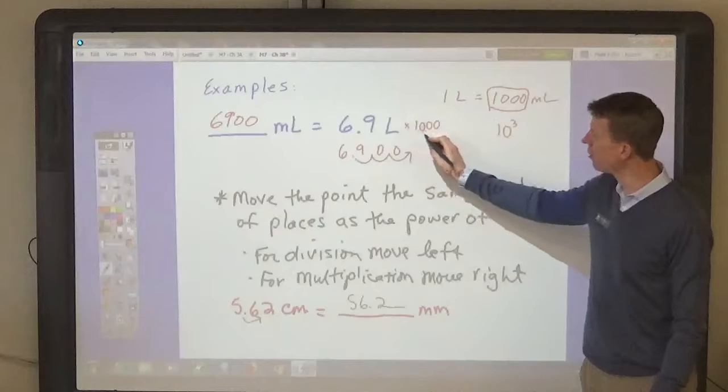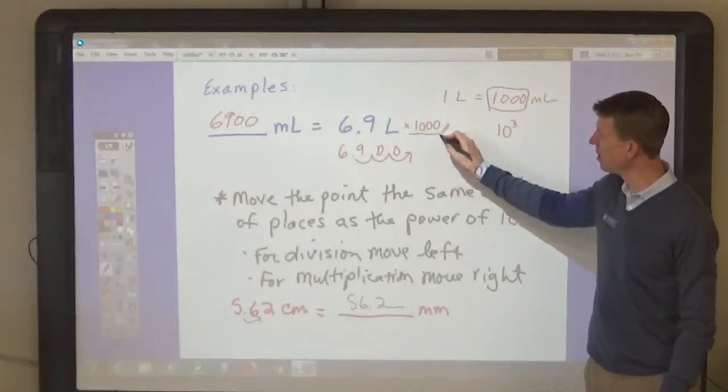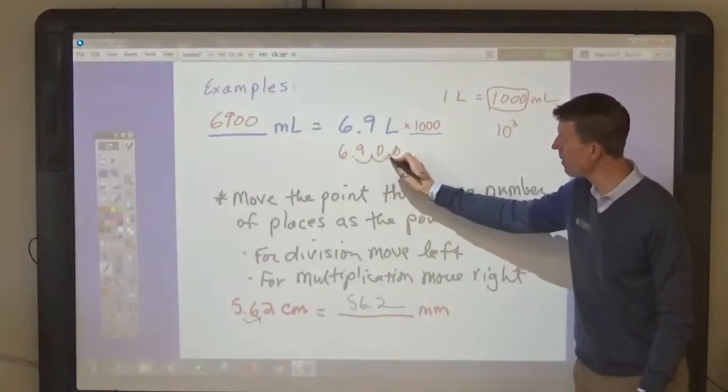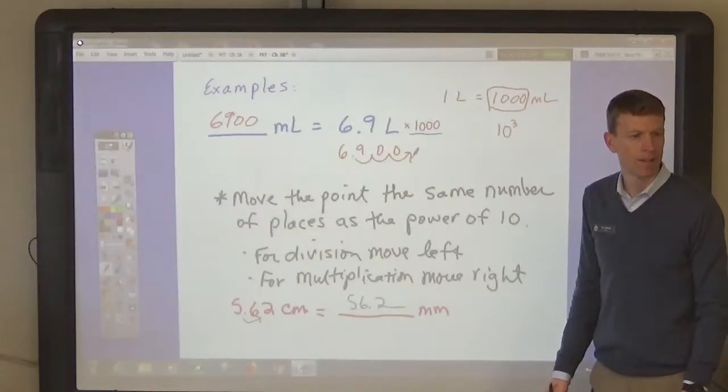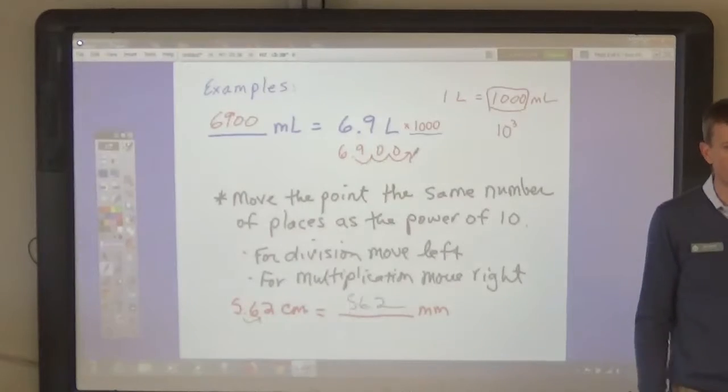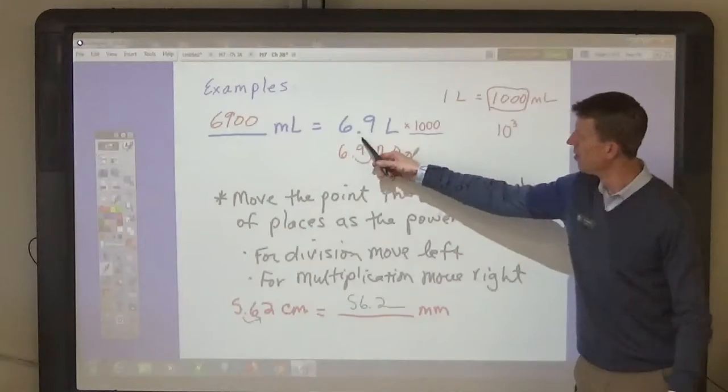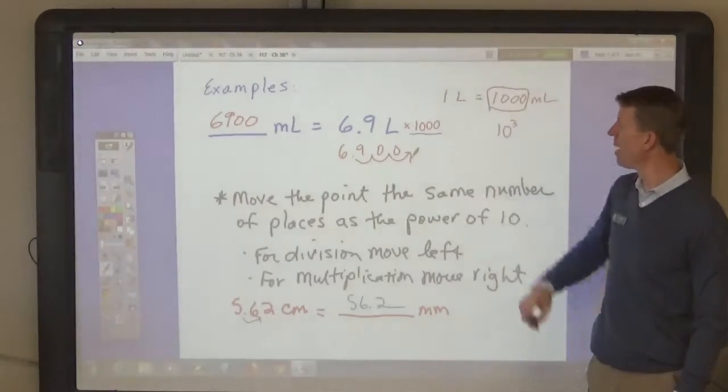And whenever you multiply by 1,000, you can move the decimal place 3 places to the right.